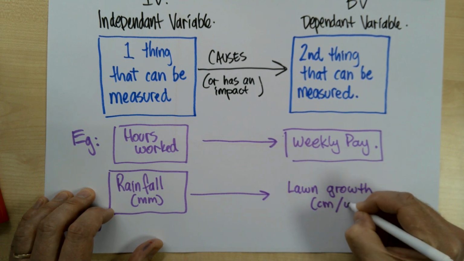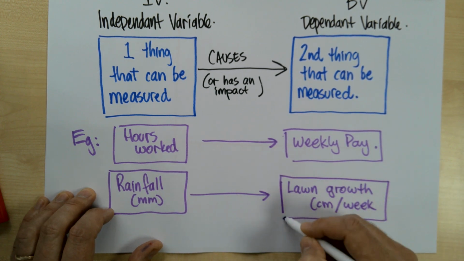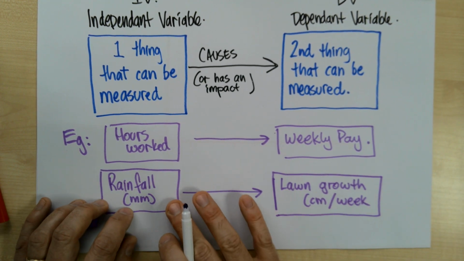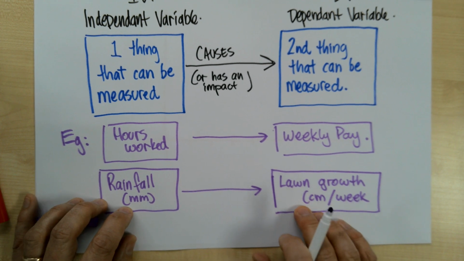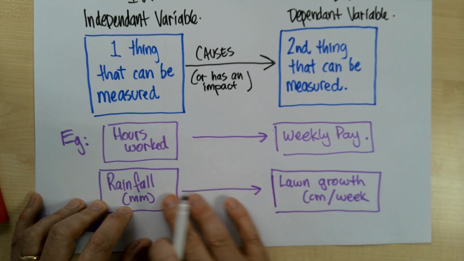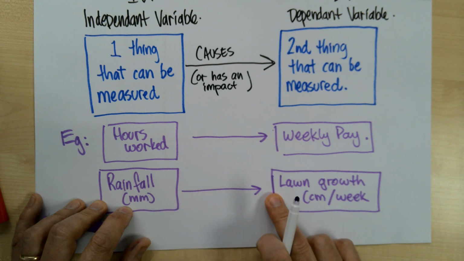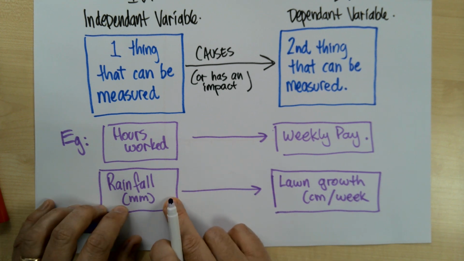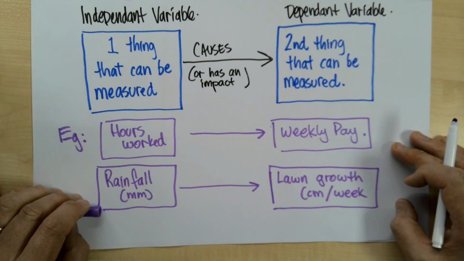Maybe we go centimeters per week, that's how you could measure how fast the lawn grows. There's also fertilizer and temperature and so on. So it's not the only thing that's causing that, but it has an impact. So that's independent variable, dependent variable, and they're two pretty good examples of that.